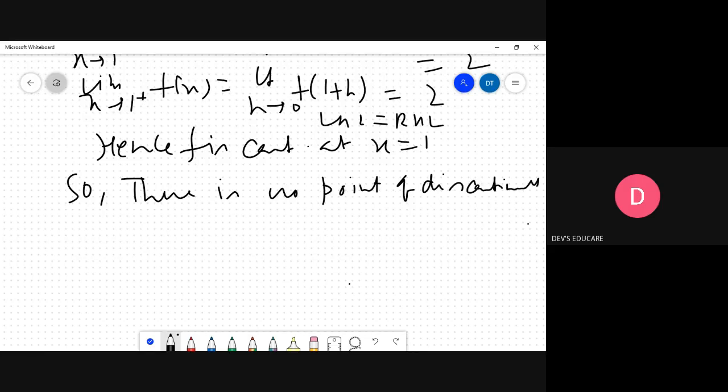However, in some books, it is also given that for case 1, it is from minus infinity to minus 1, case 2, minus 1 to 1, and case 3, 1 to infinity. So different cases are taken. Yes, sir.